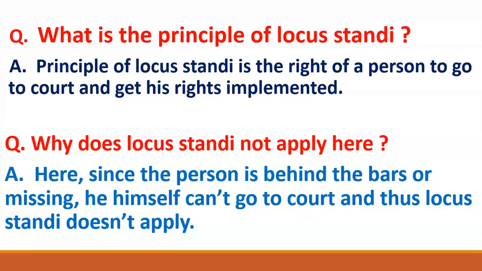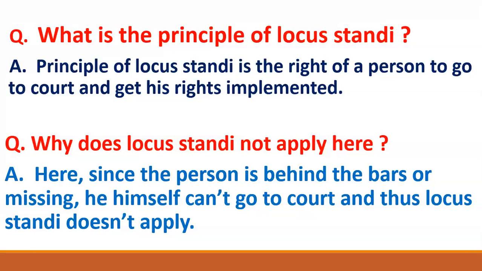In simple words, locus standi means that if any fundamental right of any person is violated, then that person himself has to go to court, and then the court will give him relief.